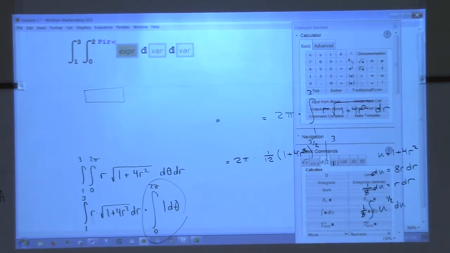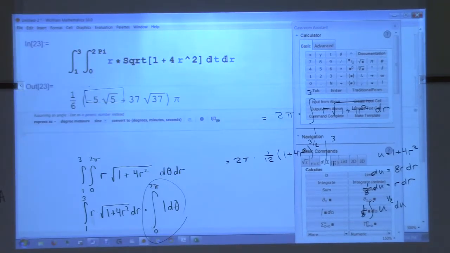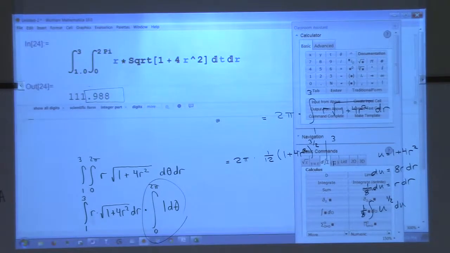We did r times the square root of 1 plus 4r squared, d theta dr. See, it's a nasty looking number, so I'll do it as a decimal instead. 111.988.